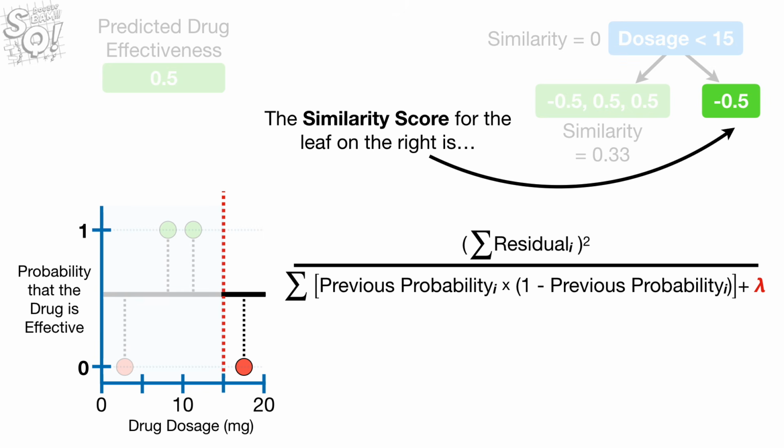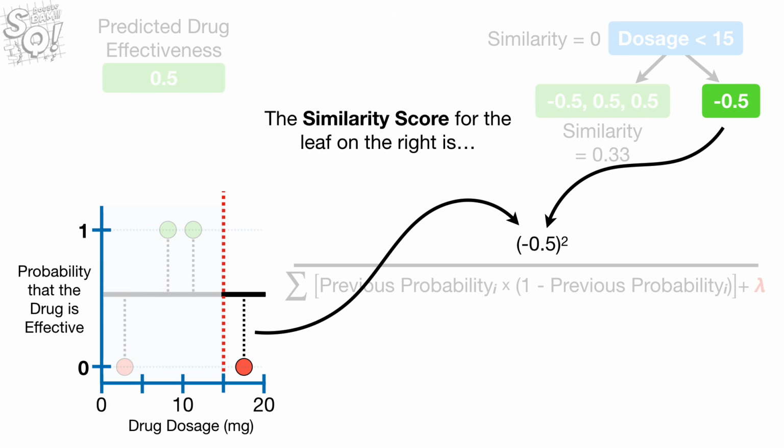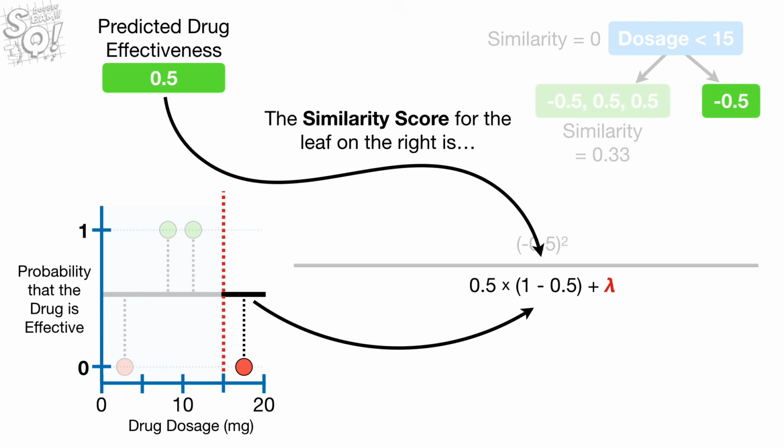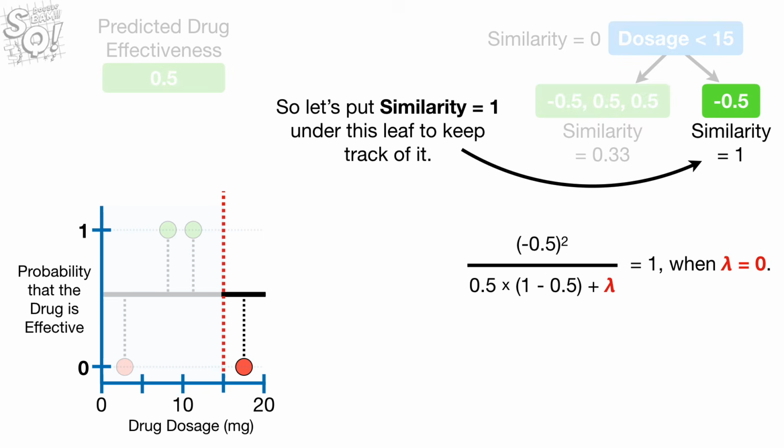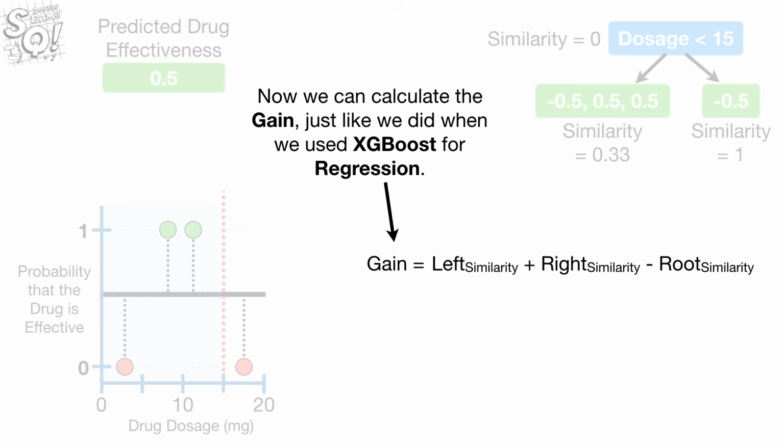The similarity score for the leaf on the right is 1 when lambda equals 0. So let's put similarity equals 1 under this leaf to keep track of it. Now we can calculate the gain just like we did when we used XGBoost for regression.